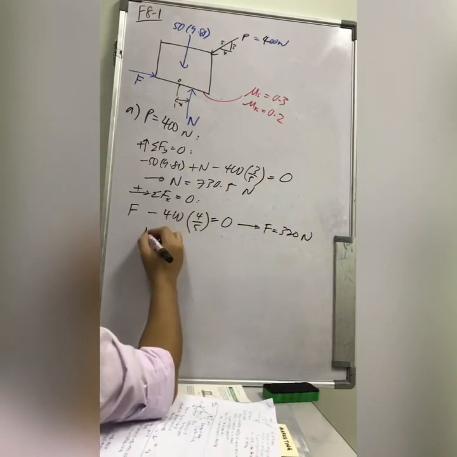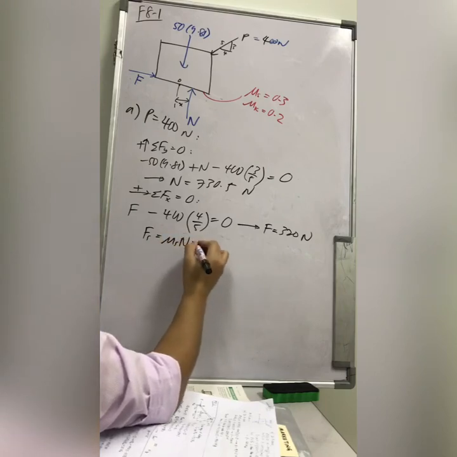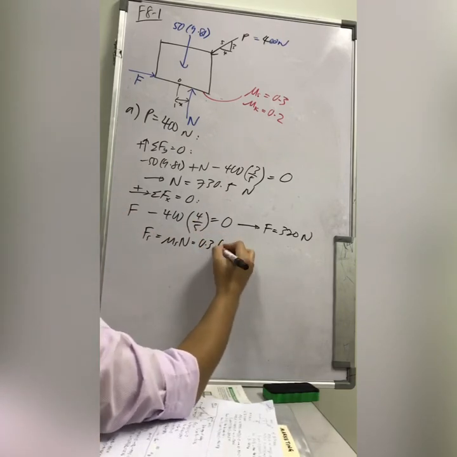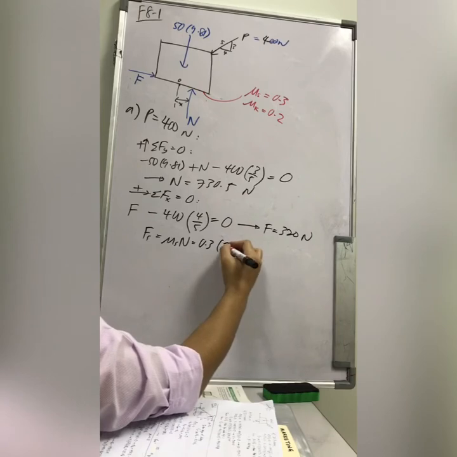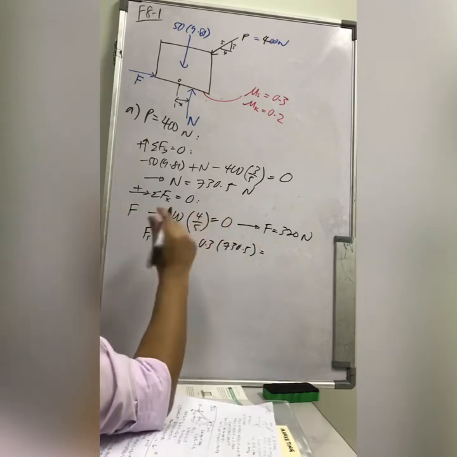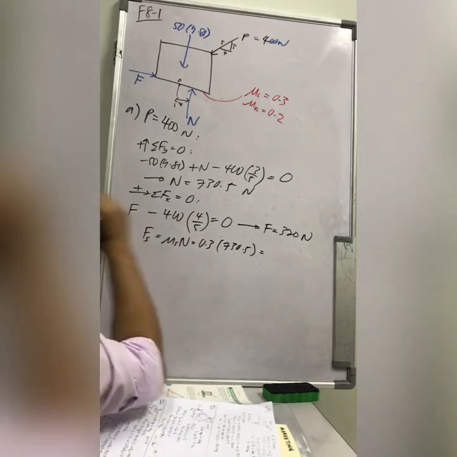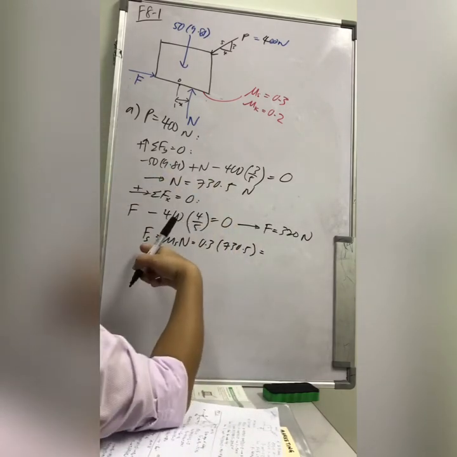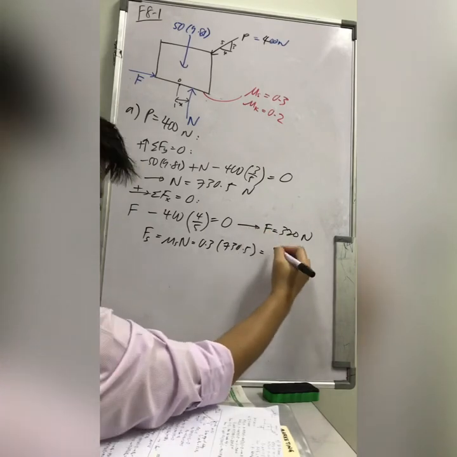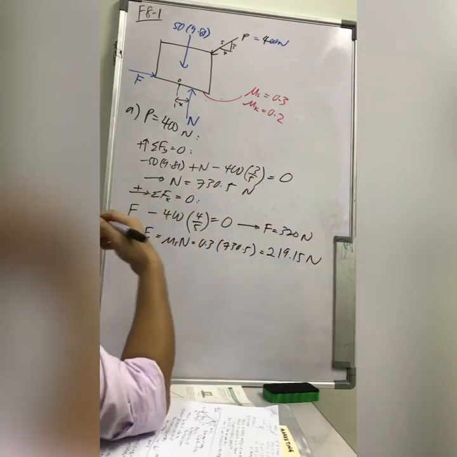Then again, you check the limiting friction force μsN. Your μs is 0.3 and your N is 730.5, so the maximum static friction force Fs is 219.15 Newton.